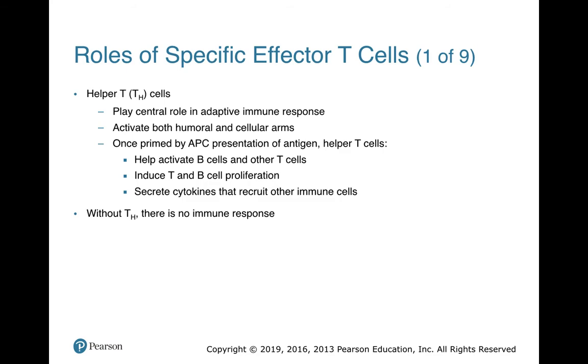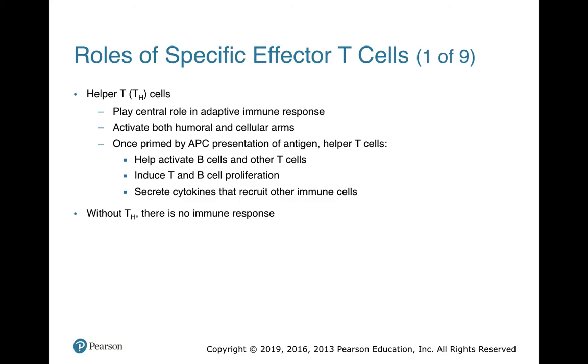All right, let's take a look at the specific effector T cells. The first ones, the earliest discovered and best understood, are the helper T cells. They play a central role in adaptive immune responses. They help to activate both the humoral and the cellular arms of an immune response.